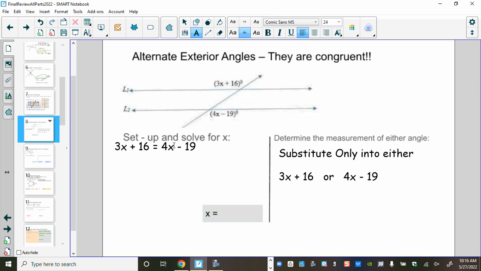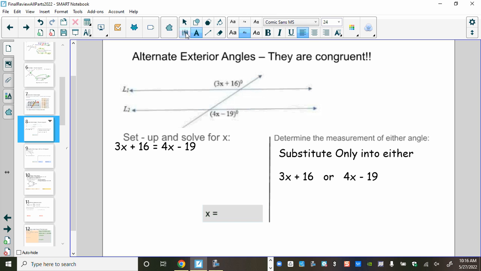So then we can just solve for the x. And then, did anybody get a value of x? You should get a whole number. Should be positive.